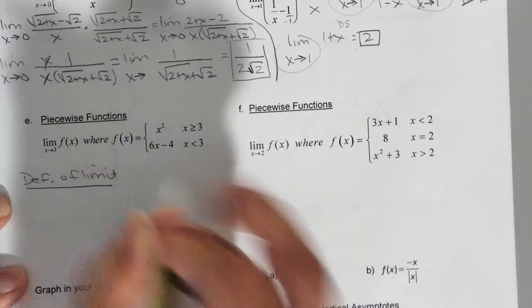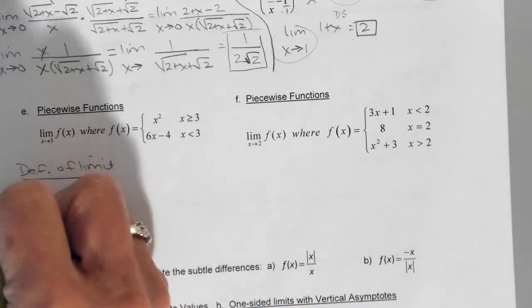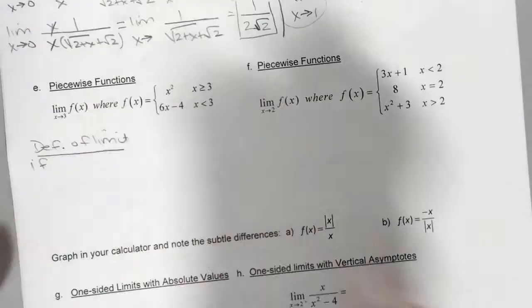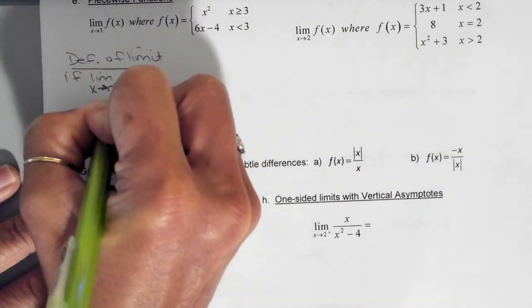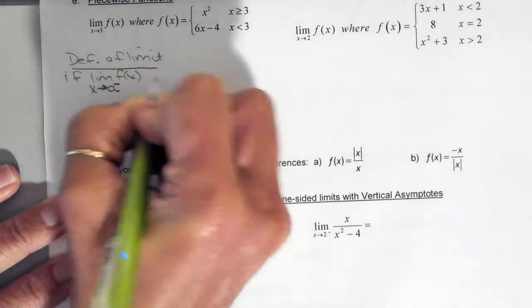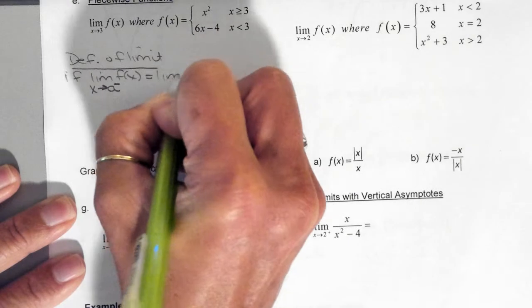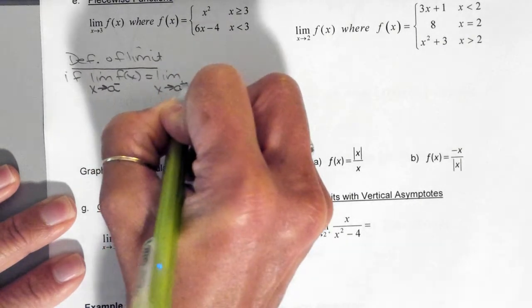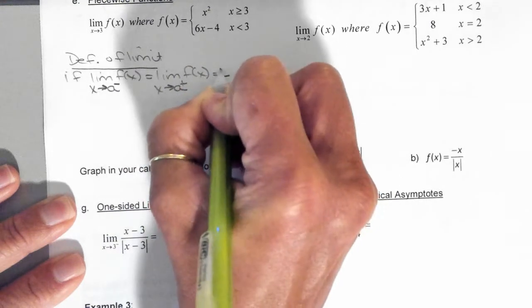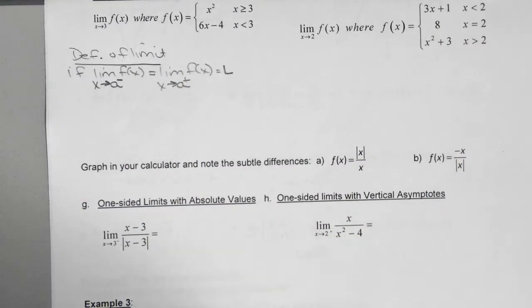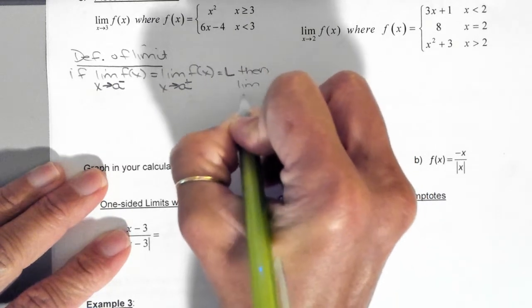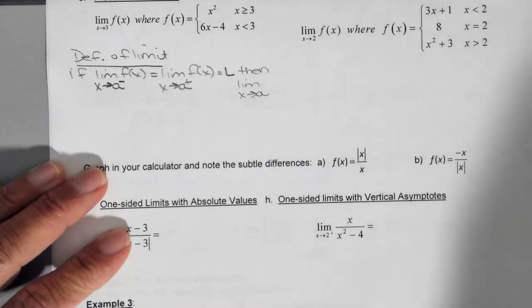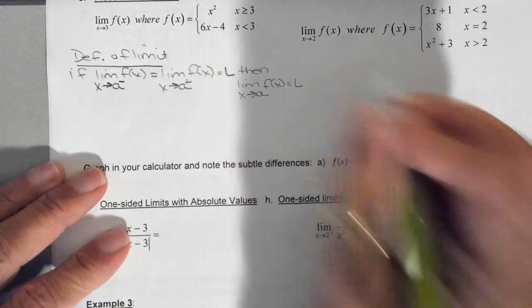I know there's not a space for it, but evaluating this problem is not that long. So here, if you're evaluating the limit, if the limit, let me move this up, as x approaches some given value a, let's say from the left of f of x, is equal to the limit as x approaches some value a from the right of f of x, and we're going to call that some value L, I don't know, a number, 5, 7, negative 0.75, whatever it is, then the limit as x approaches a overall of f of x is equal to L. Okay, this is really important.